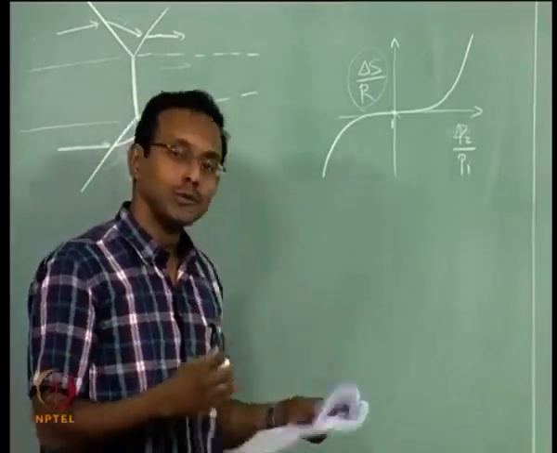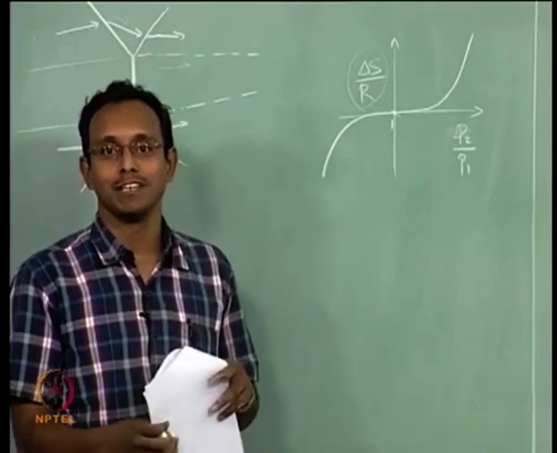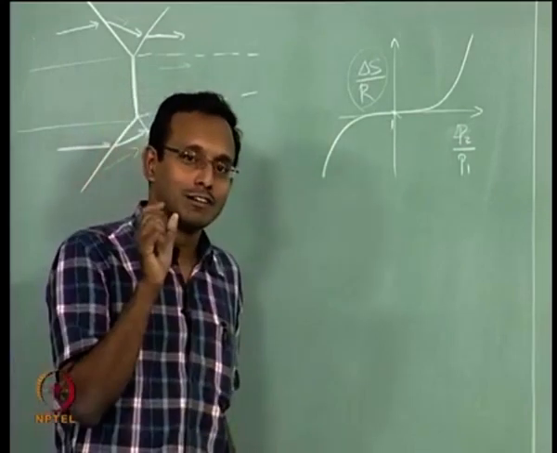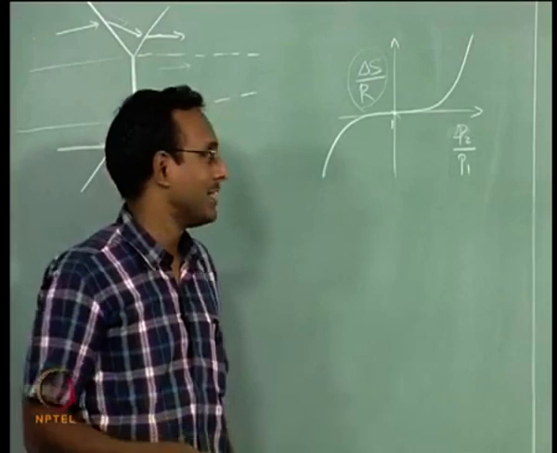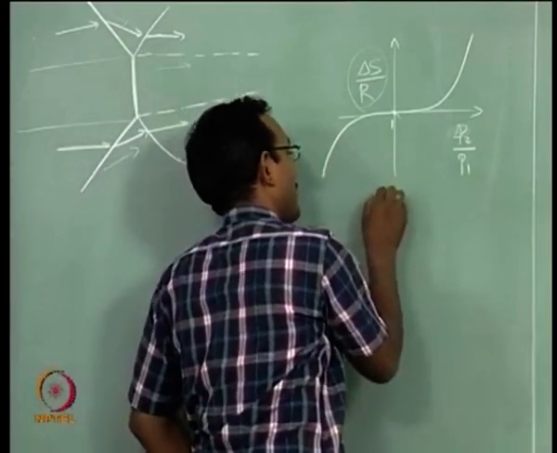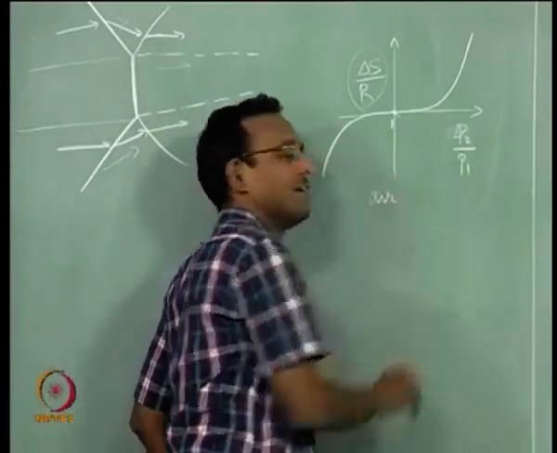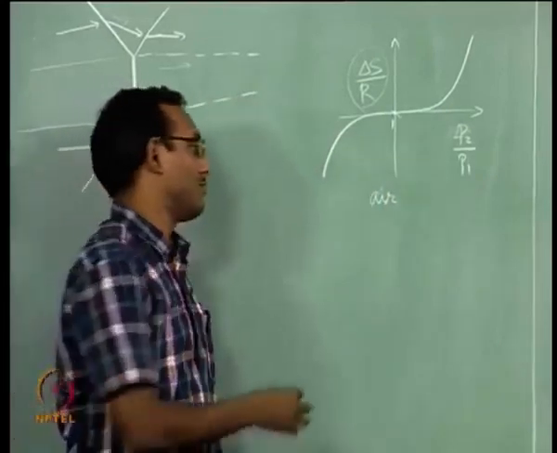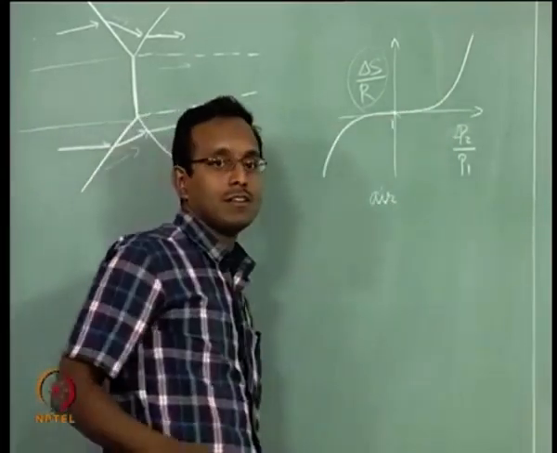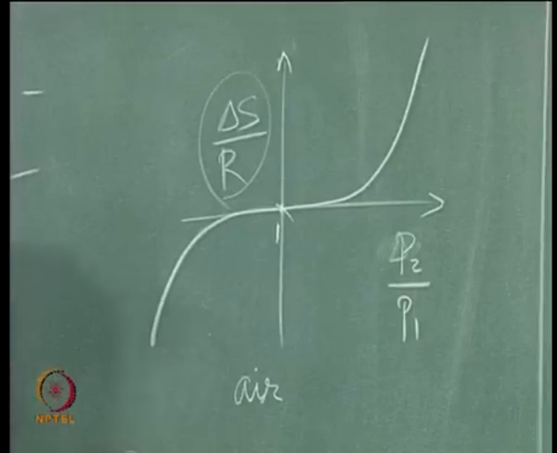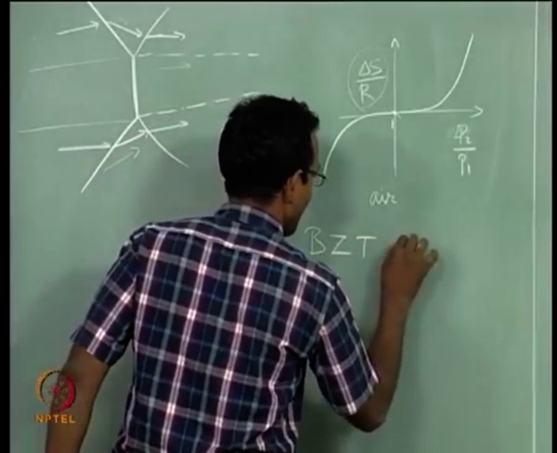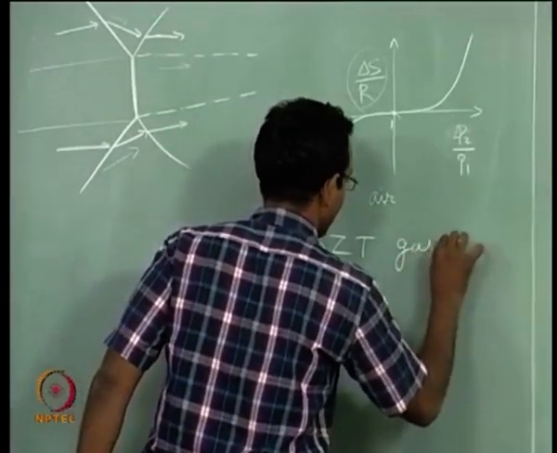So, I am going to use that statement, compression shocks are the only ones that are possible, but I also gave a caution statement there saying this is for our kind of gas, air, and most of the common gases will follow this type of a curve. There are special gases, I gave the name at that time also, BZT gases.